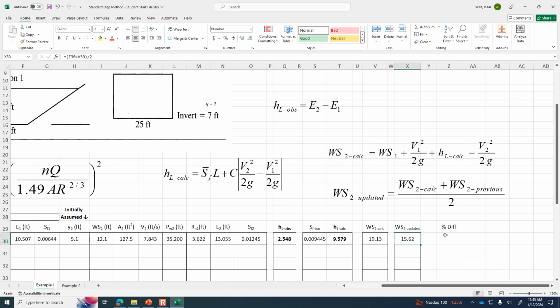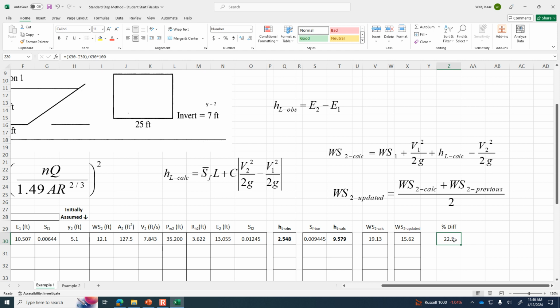So just to show us whether we're converging, we can calculate the percent difference between the updated and the original water surface. So for instance, the percent difference would be the new minus the old divided by the new times 100. And what we're going to look for is the percent difference to get down below 1% to indicate convergence.